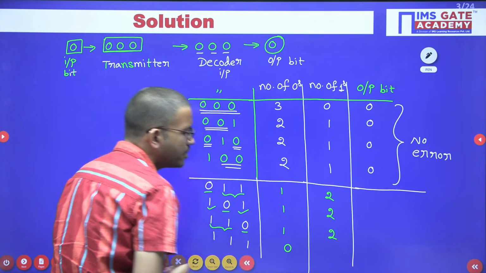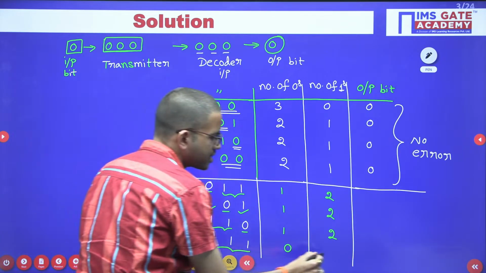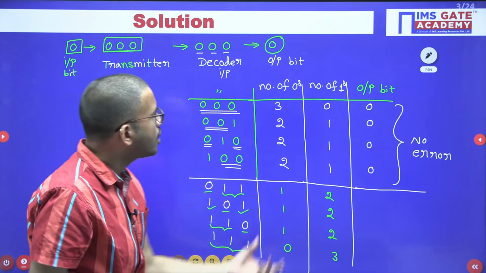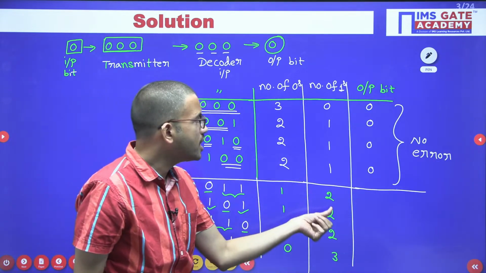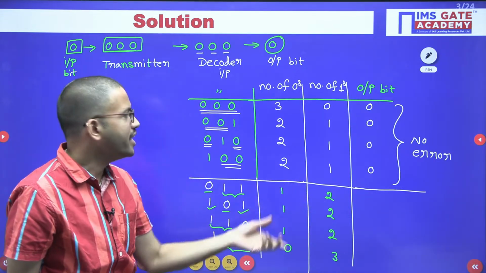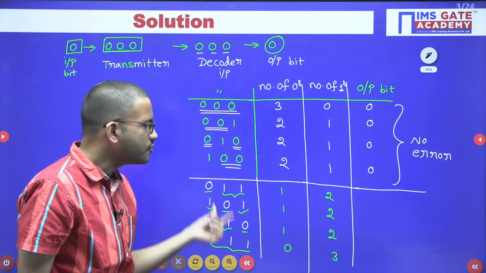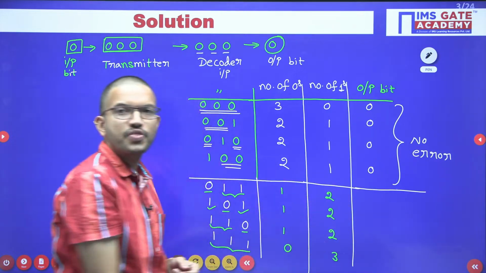So number of zeros is 0, whereas number of ones you are going to get 3. Now for these 4 combinations, the relation between number of zeros and number of ones is reversed. Earlier number of zeros were greater when compared to number of ones, whereas for these 4 combinations, number of ones are the majority when compared to number of zeros.